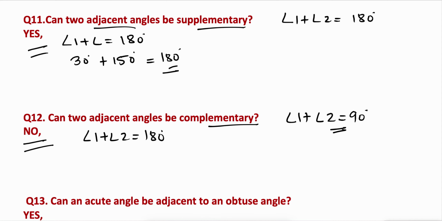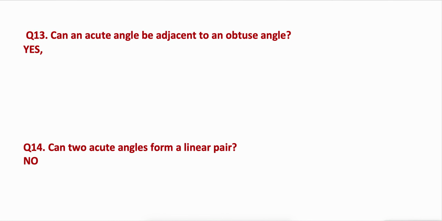Next question. Can an acute angle be adjacent to an obtuse angle? Let's see this. Suppose I make an acute angle of 30 degrees, and I make one obtuse angle of around 70 degrees.